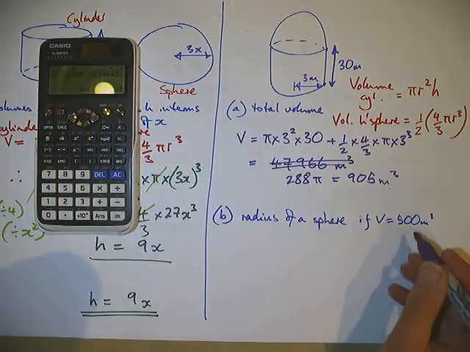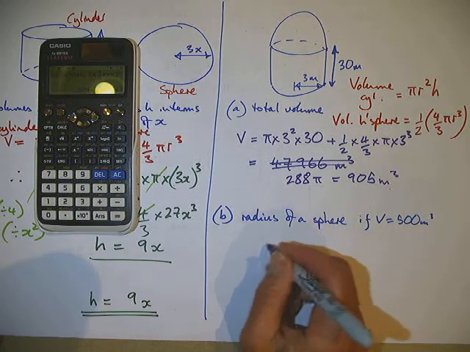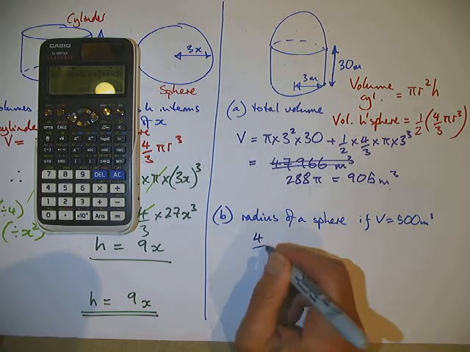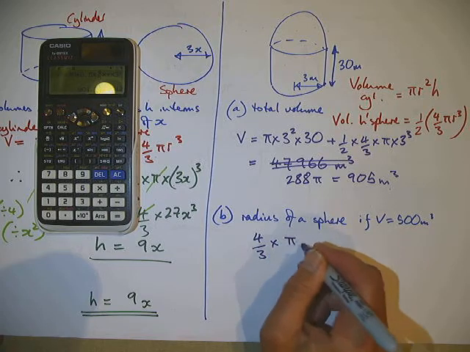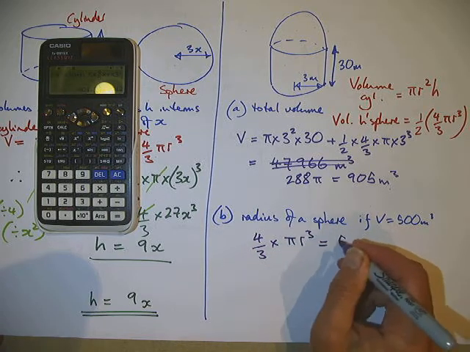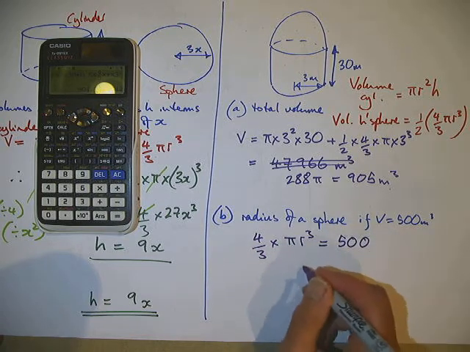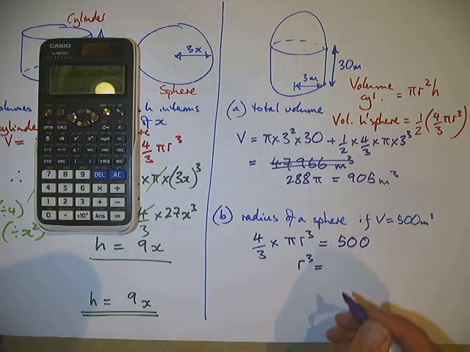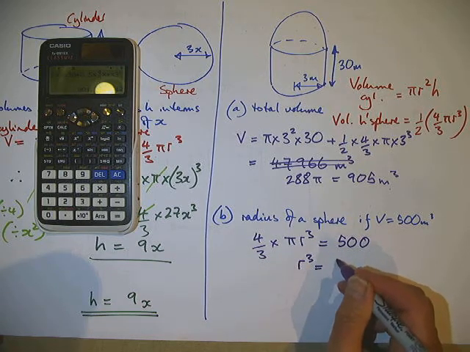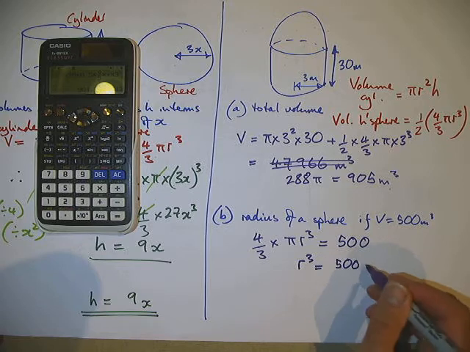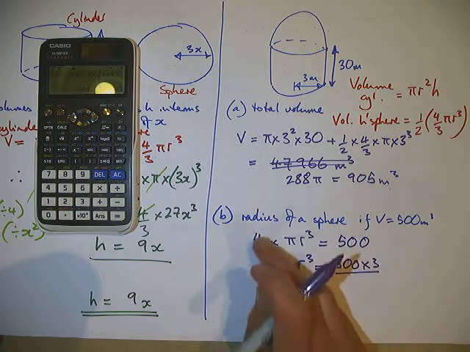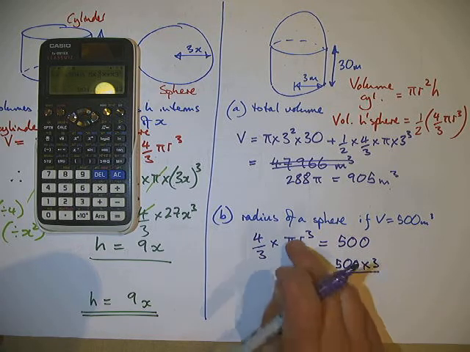The volume of the sphere is 500 meters cubed, so the volume of the sphere is 4/3 pi r cubed. That has to be equal to 500. If we rearrange that, multiply by the 3, divide by the 4, divide by the pi.